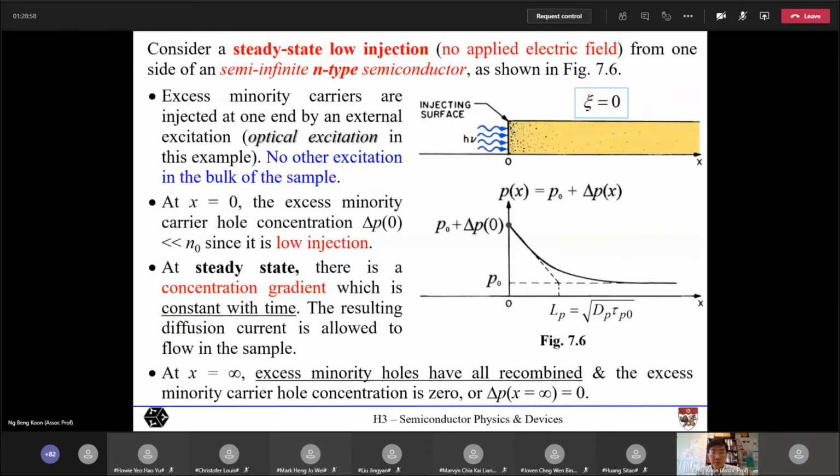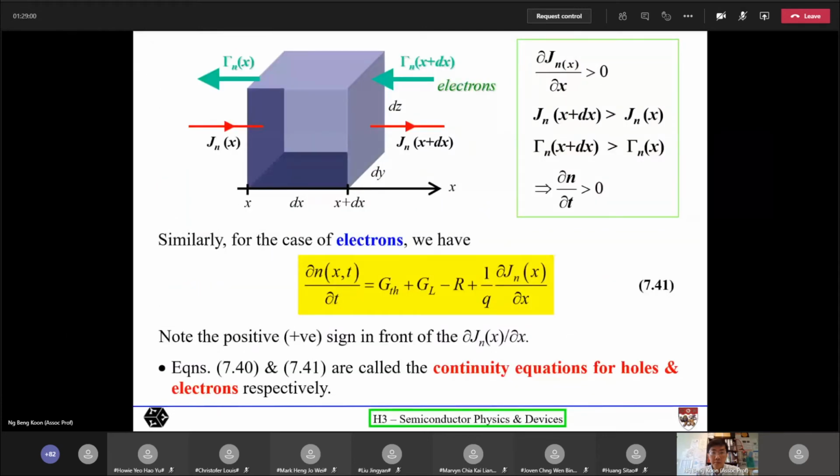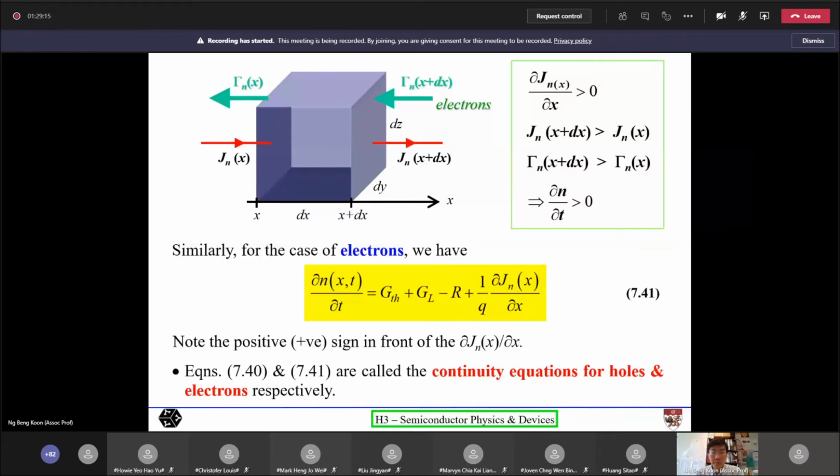So we have established this continuity equation that we now apply to our second non-equilibrium condition. As we mentioned, the reason is that in the case of the second non-equilibrium condition, there is now a current component also flowing in the semiconductor, which we need to take into account, because if there's a non-uniform flow, that can actually change the rate of change of the carriers in the semiconductor as a function of time.